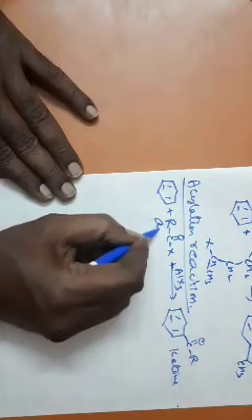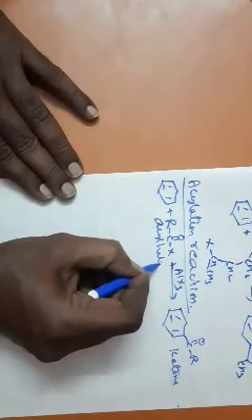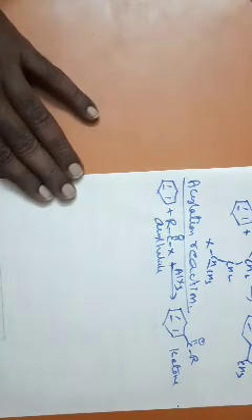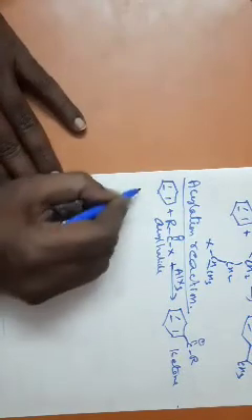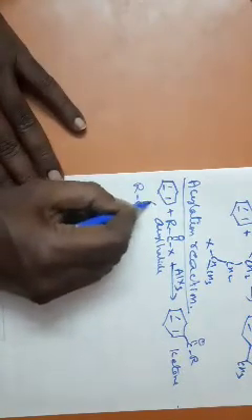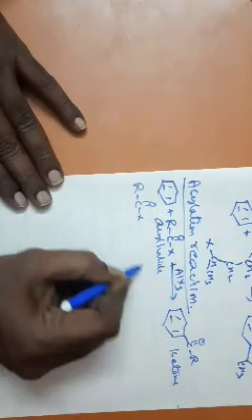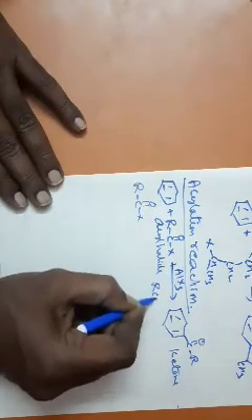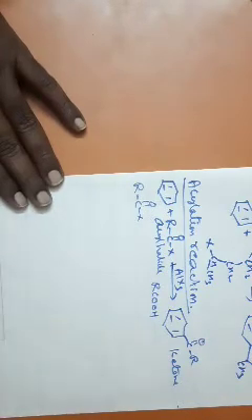How can this acyl halide be produced? First, let us see. Acyl halides can be produced from various compounds, carboxylic acids, RCOOH.